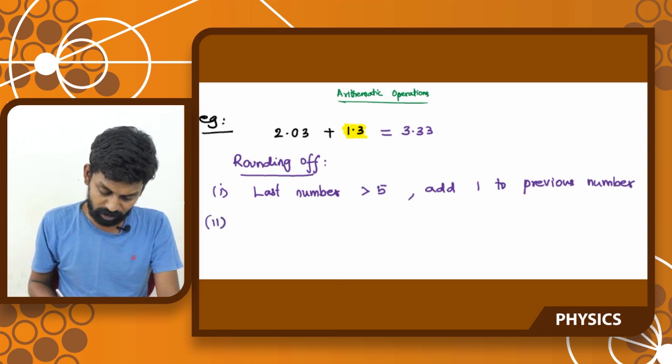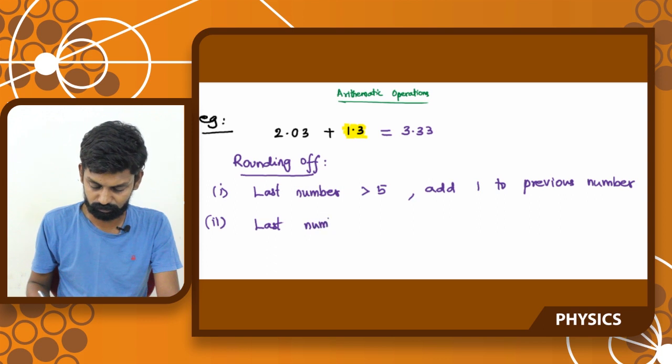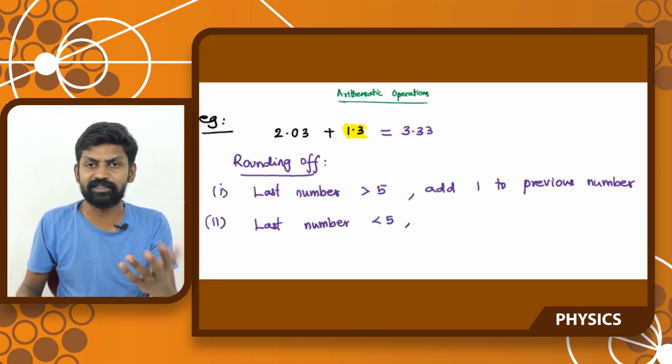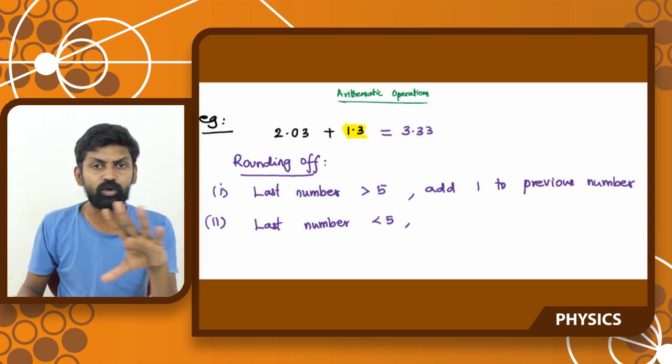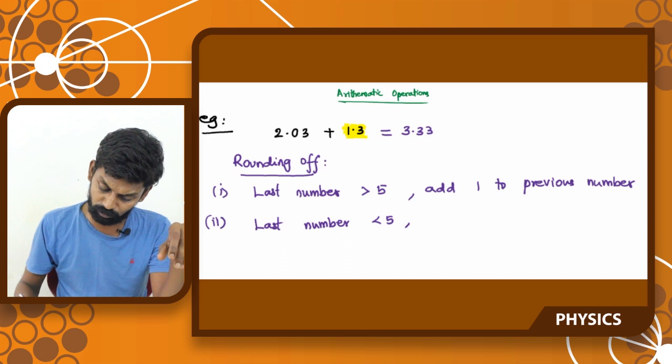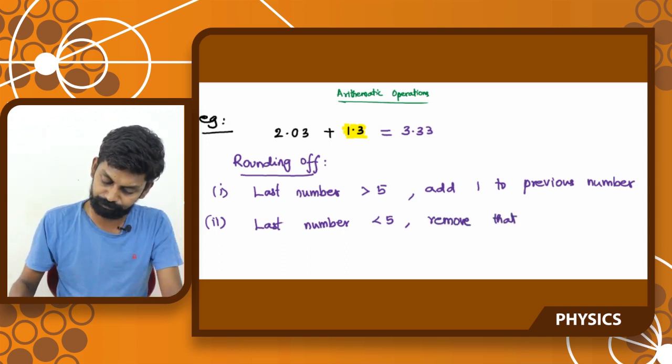Second, if the last number is less than 5, you can remove it as it is. You need not do anything with the other digits. It won't affect the rounding off.